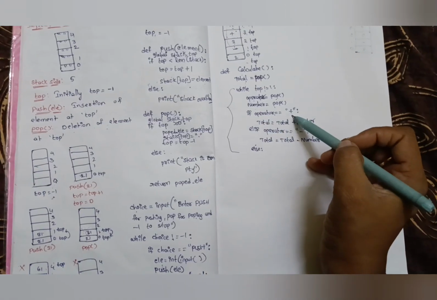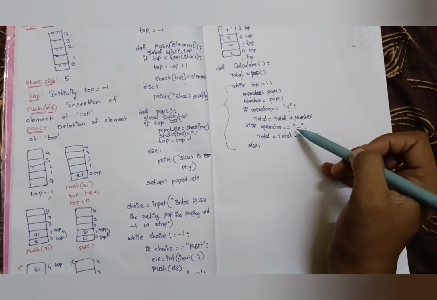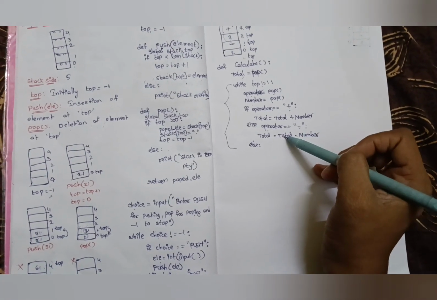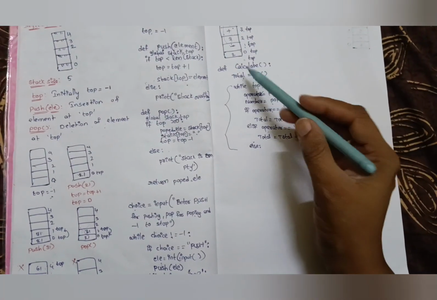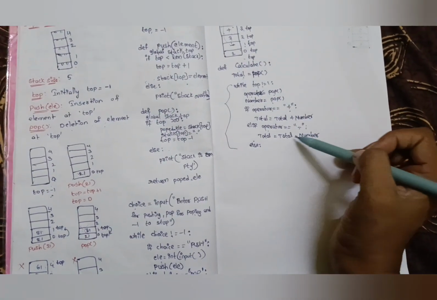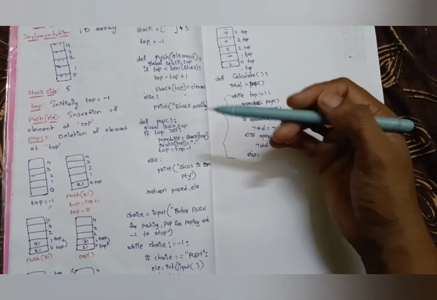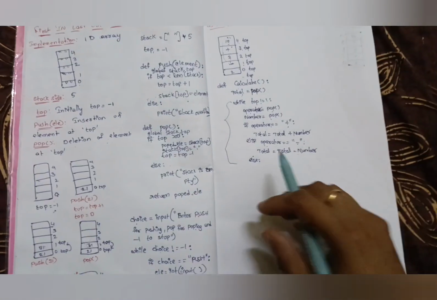If operator is equal to plus, no, operator is not plus, then we go with the elif operator minus. Yes, operator is minus, and total is already 13. 13 minus number, number is having 2, so 13 minus 2 will be 11.